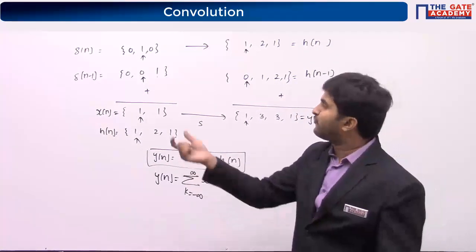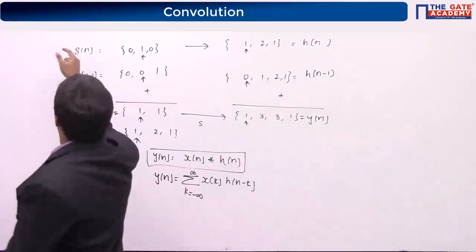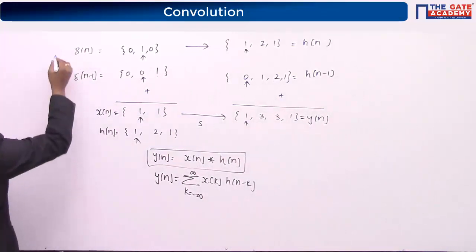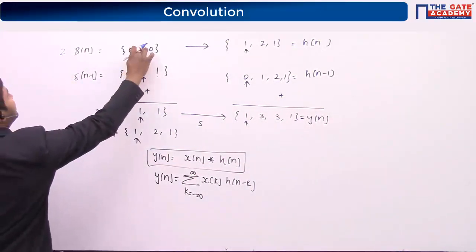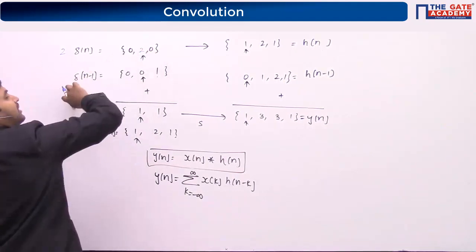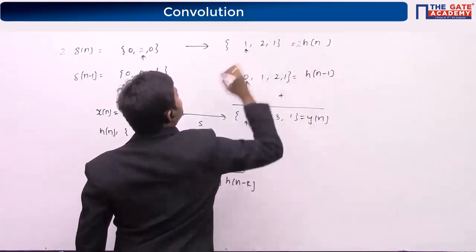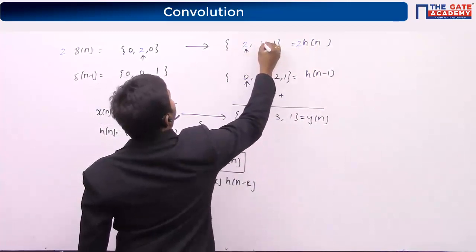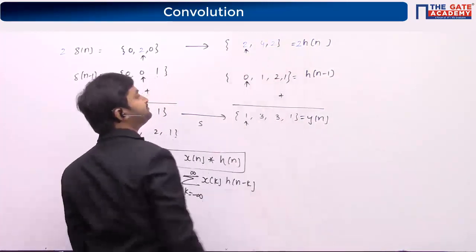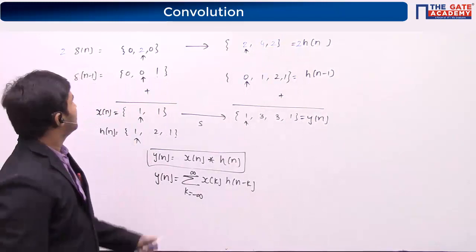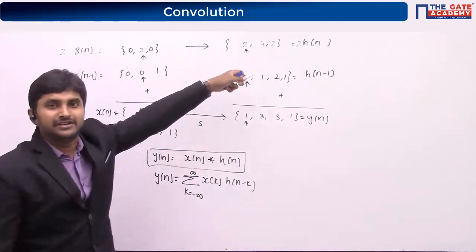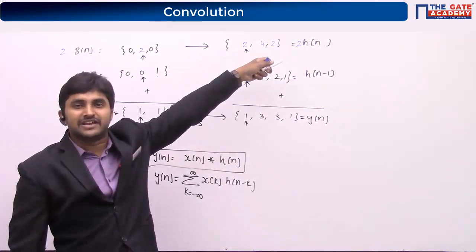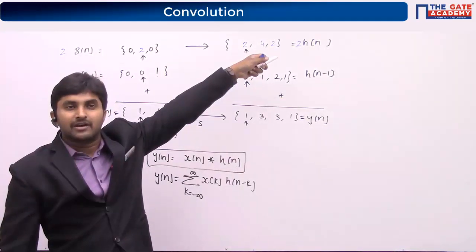So if input del of n is multiplied with 2, then here it will be 2, then here also it will be 2. So 2, 4 and 2. This is nothing but the scaling property, right?